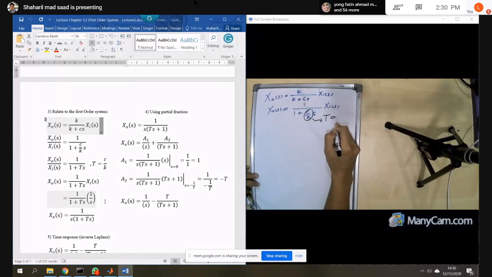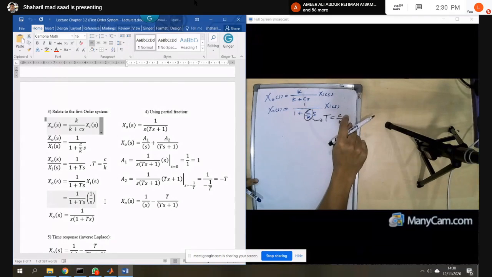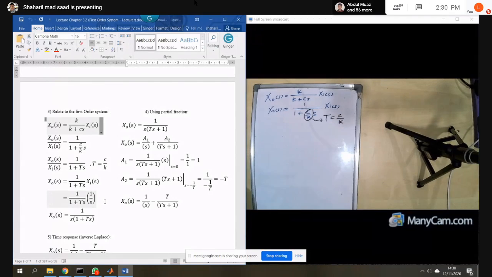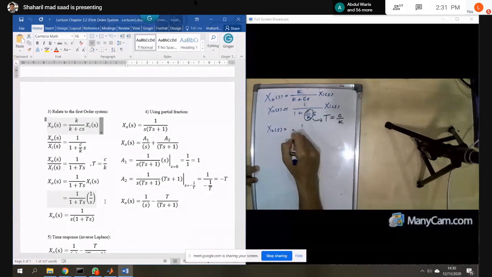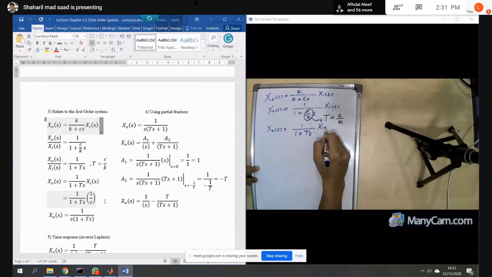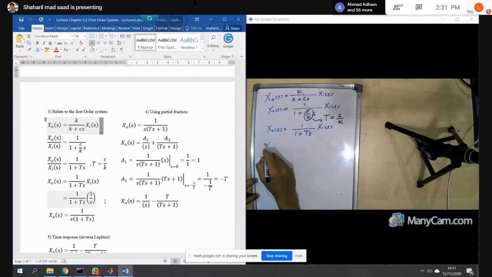T is the time constant, C over K. C is the value of the damper and K is the value for the spring. So now the equation is X_o(s) equal to 1 over 1 plus Ts times X_i(s).